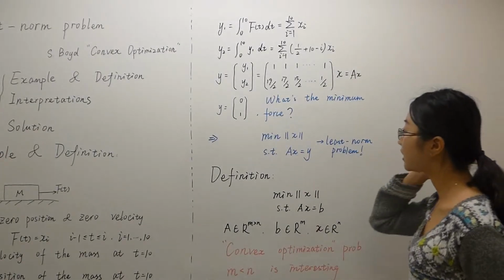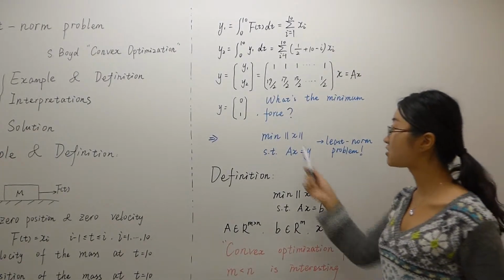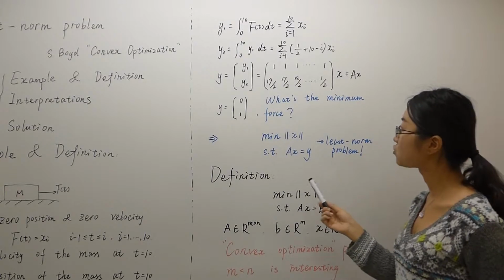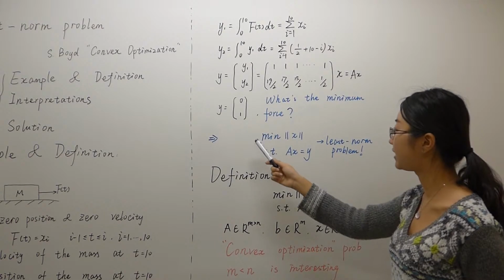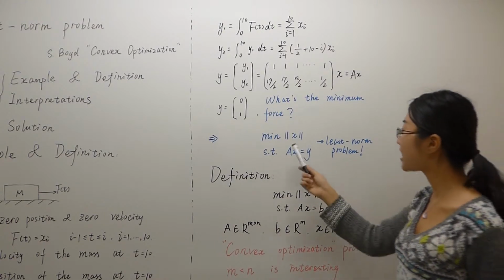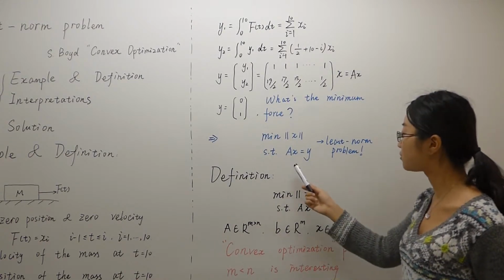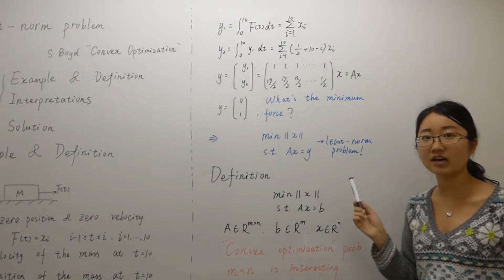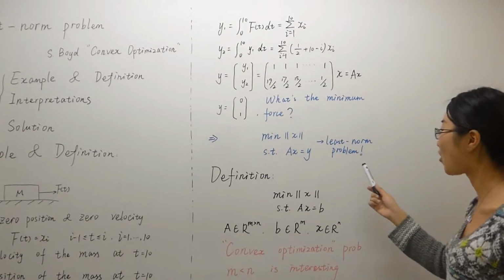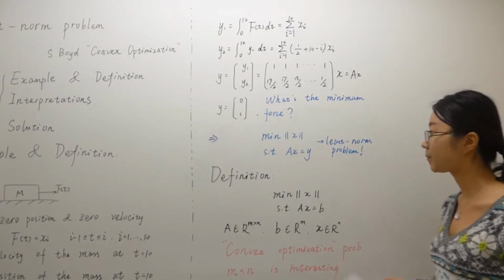If we use the norm to measure the force, then we can transform the problem into this: minimize the norm of x subject to Ax equals y. And this is exactly what the least norm problem deals with.